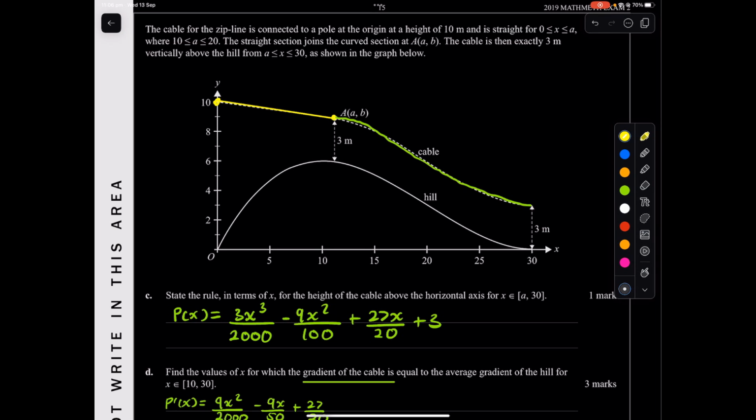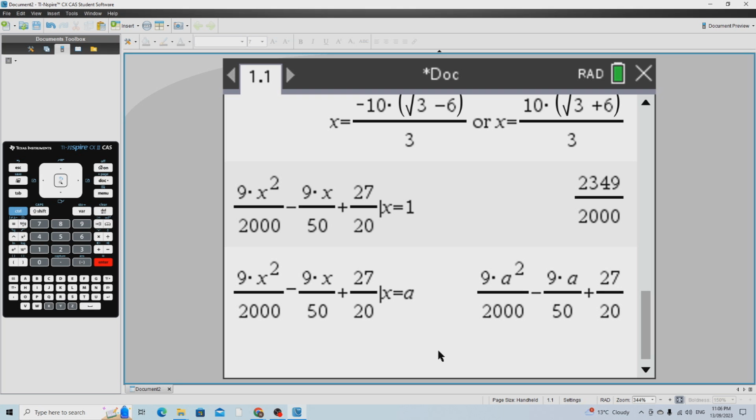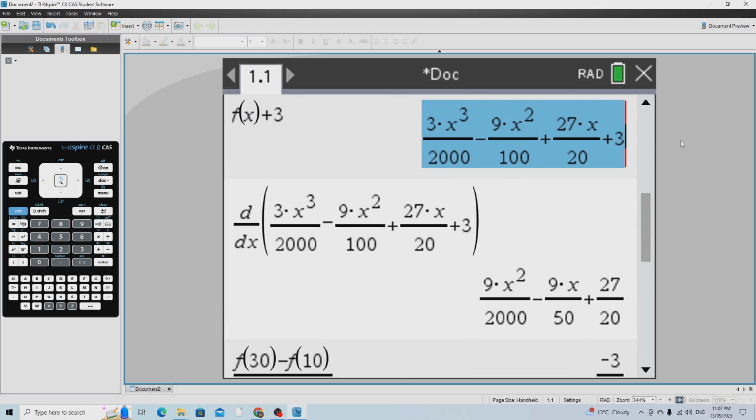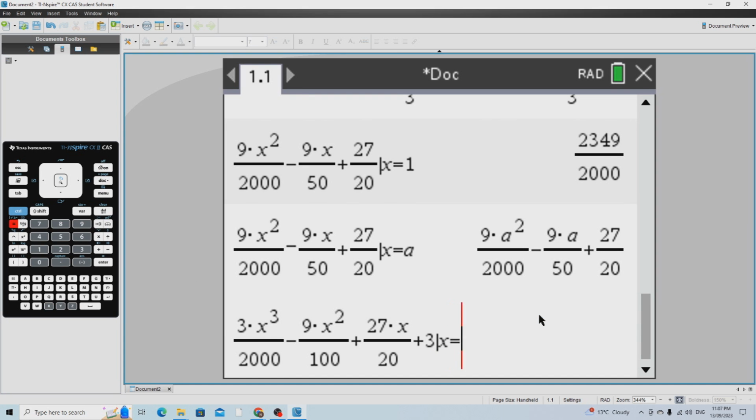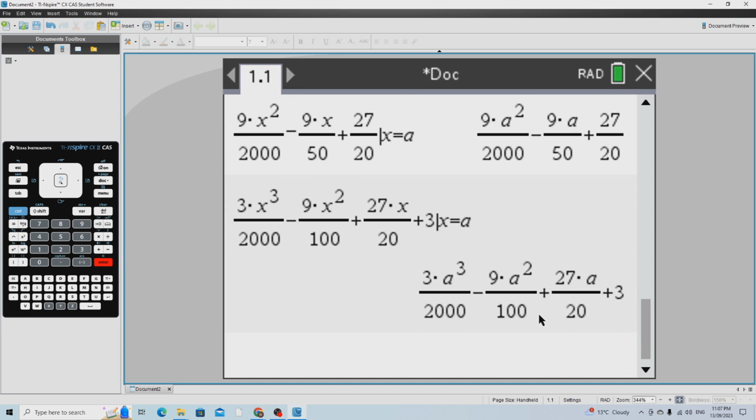What's P of a? We've defined P, haven't we? No, we haven't. So take this over here, and we want to say when x is equal to a, what's that value? Which is this one over here.